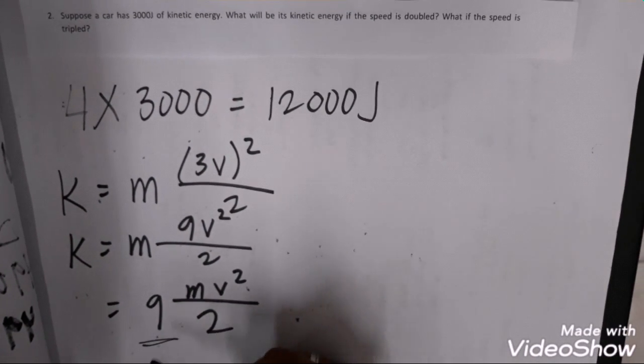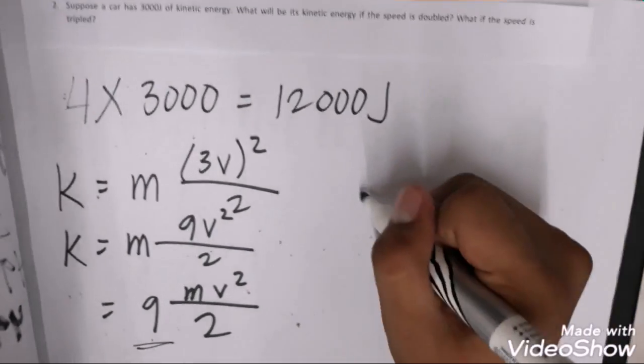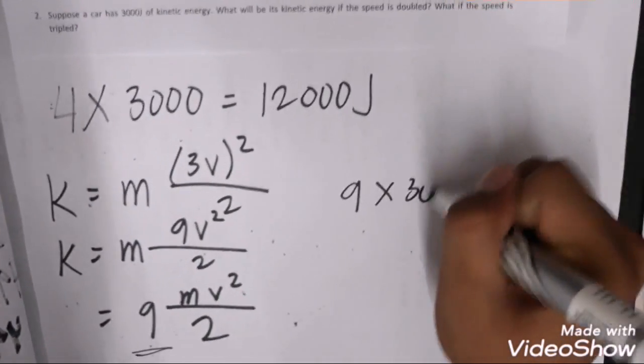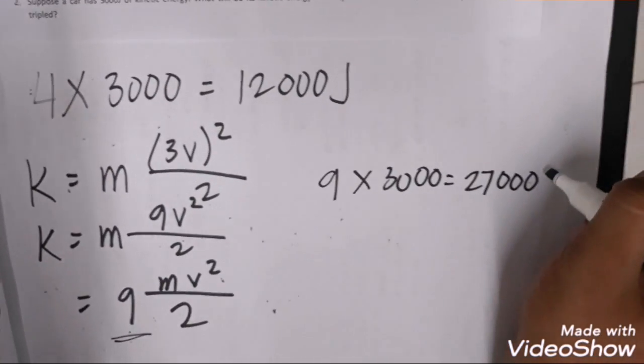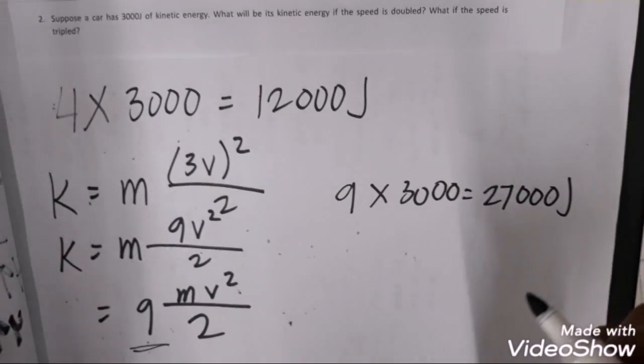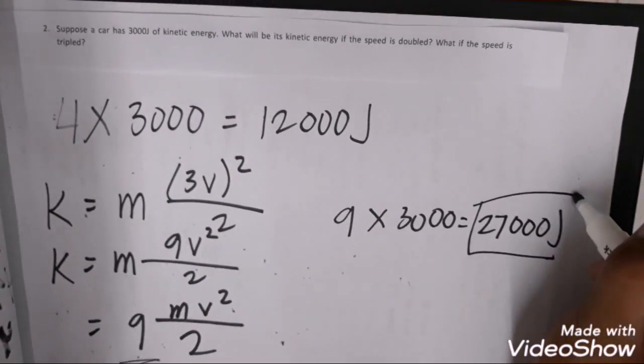The 9 that you see means the kinetic energy is multiplied by 9. So 9 times 3,000 equals 27,000 joules. Therefore, the kinetic energy is going to be 27,000 joules.